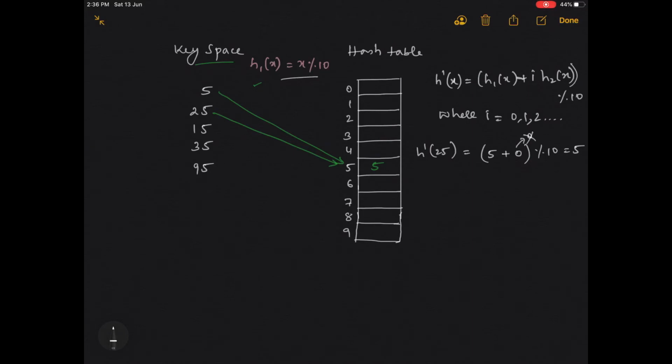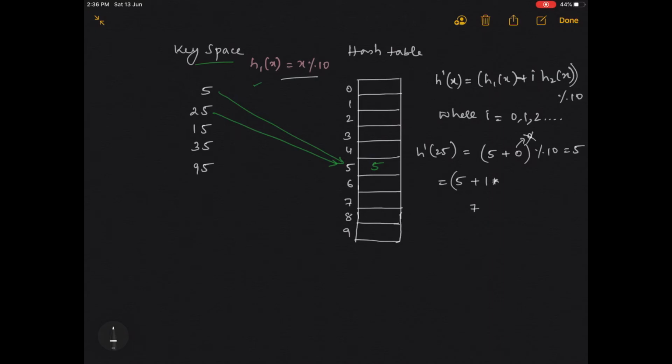So for that reason we take the next i equal to 1. So 5 plus i, which is 1, into h2(x). What is h2(x)?